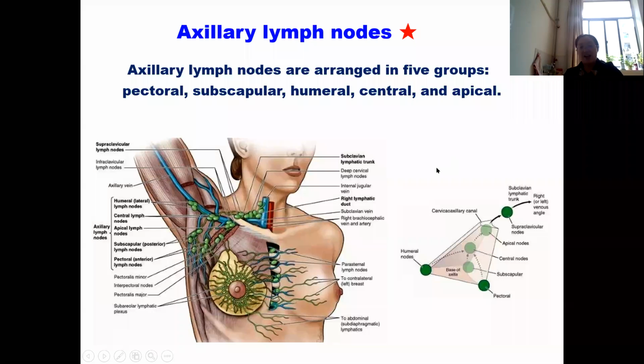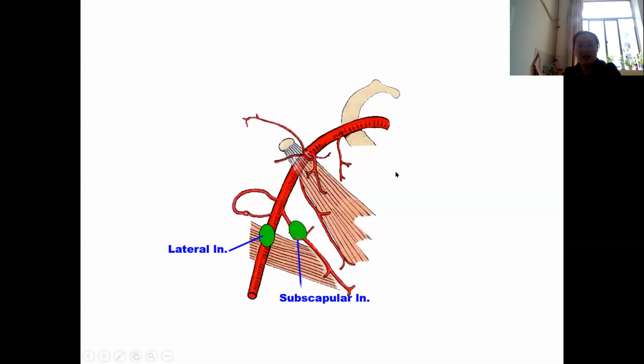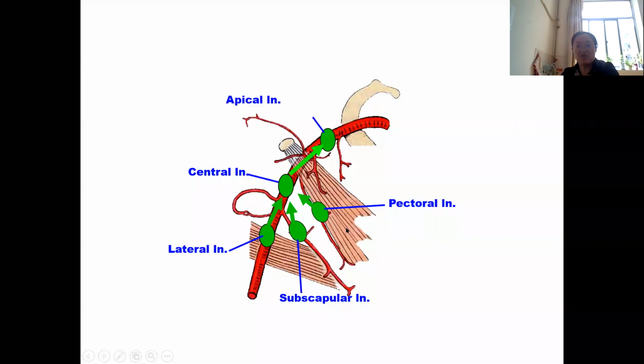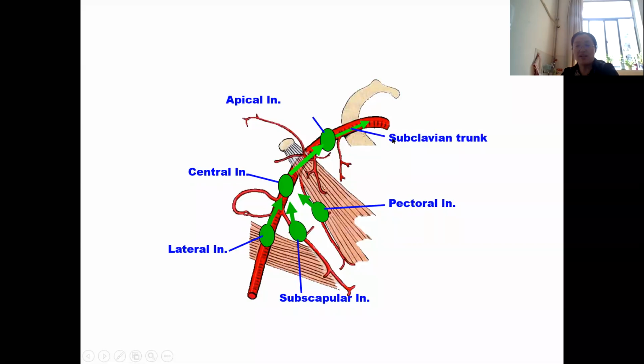Therefore, the grouping of axillary lymph nodes is very important. Here again, the lateral group, posterior group, and anterior group drain into the central group. The central group drains into the apical group. The apical group then drains into the subclavian trunk.